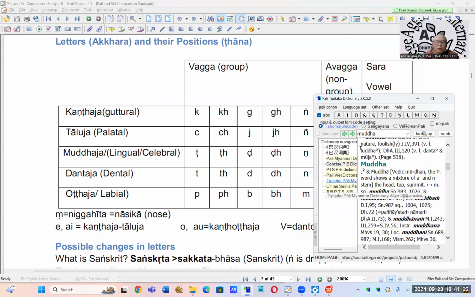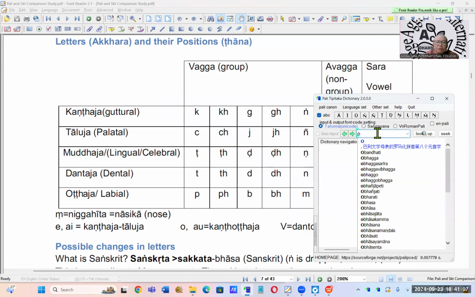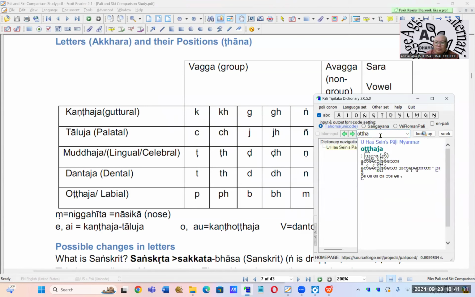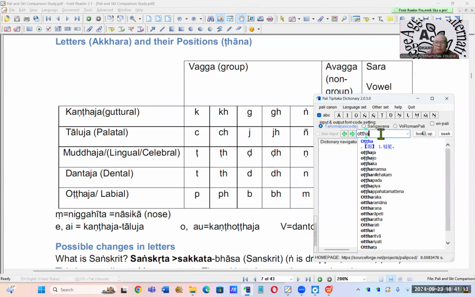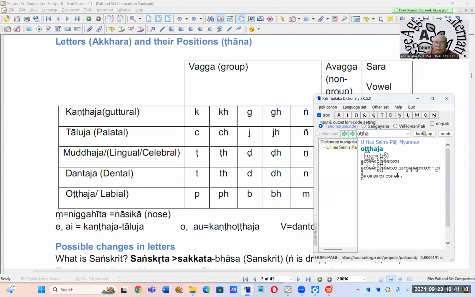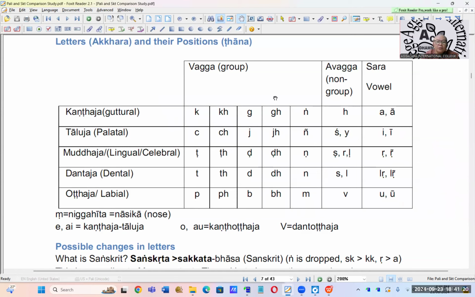So when it's born from the lips, we call it labial. Okay, from the lips. So this is the Vagga group, right?